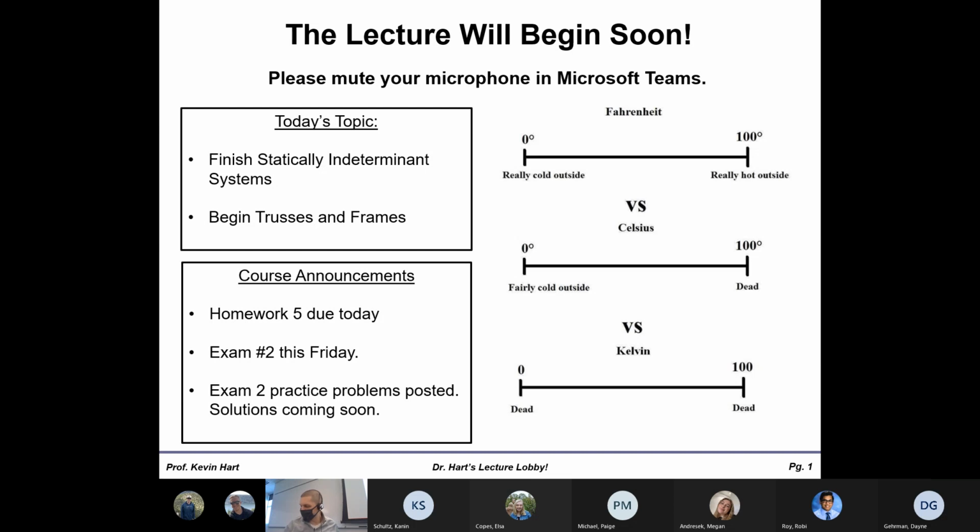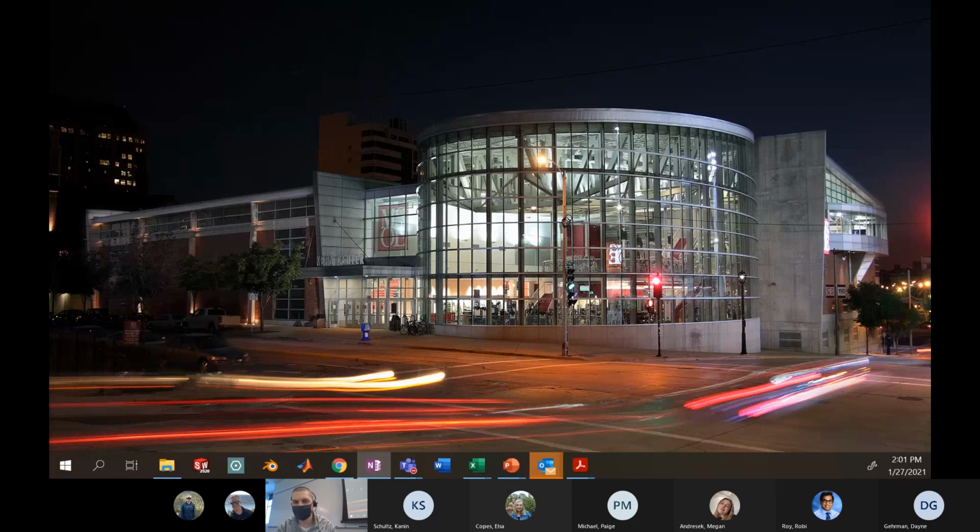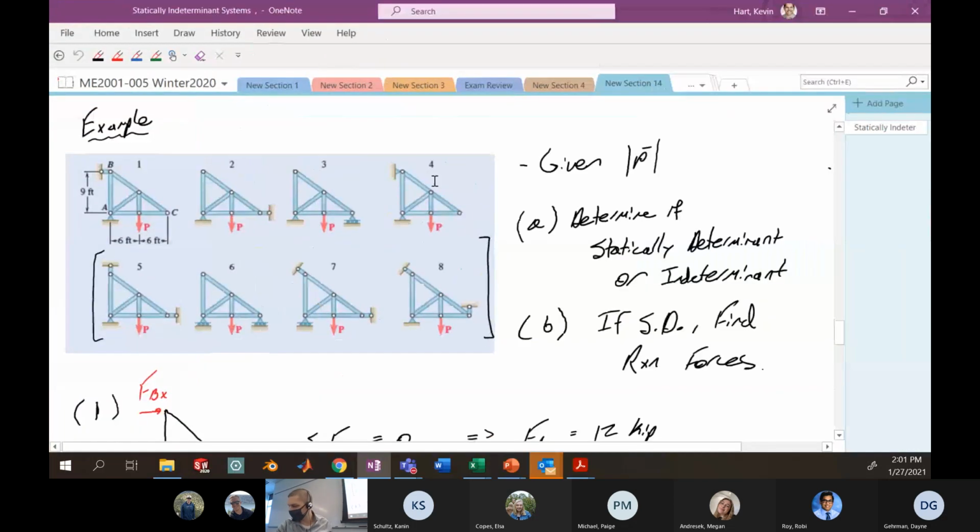All right, let's get back to where we were yesterday. We were talking about statically indeterminate systems, and I had left you with this example problem, asking which of these systems is statically determinate or indeterminate, and if it is determinate, to calculate the reaction forces. We had done numbers 1 through 4 and left 5 through 8 as cliffhangers.